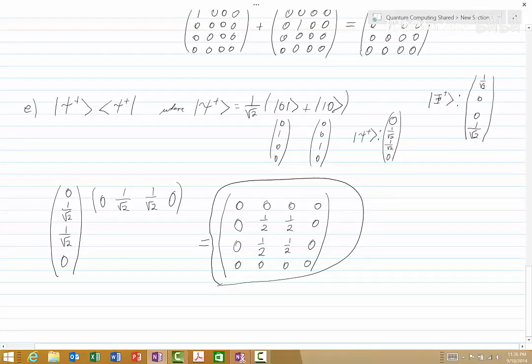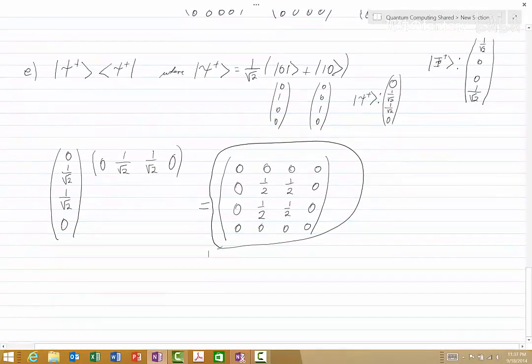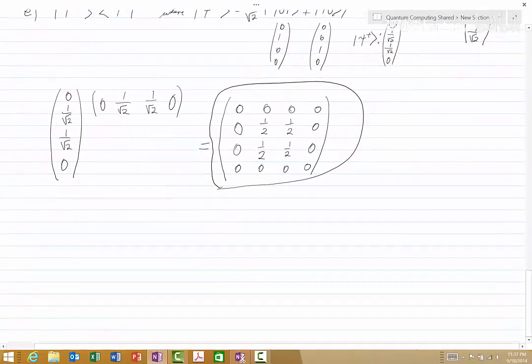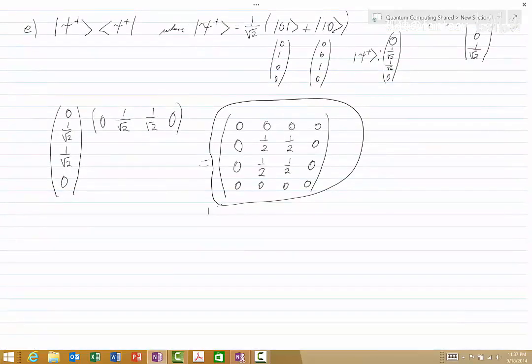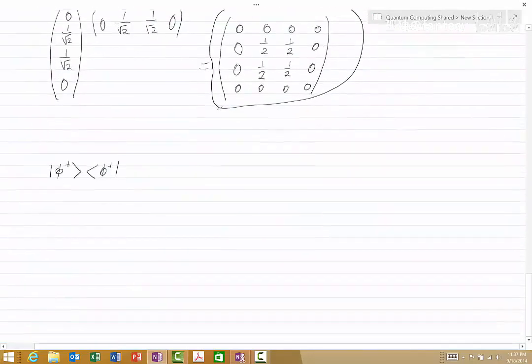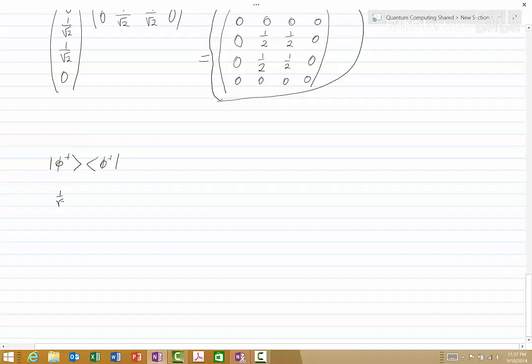But if you worked with the values that were originally given, then let's see what we would get. In other words, if we did phi plus, we would get the column vector 1 over square root of 2, 0, 0, 1 over square root of 2, times the row vector 1 over square root of 2, 0, 0, 1 over square root of 2.